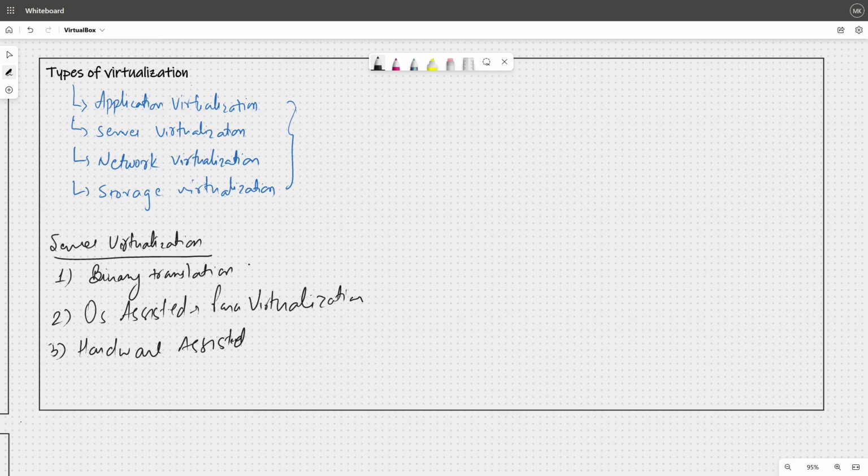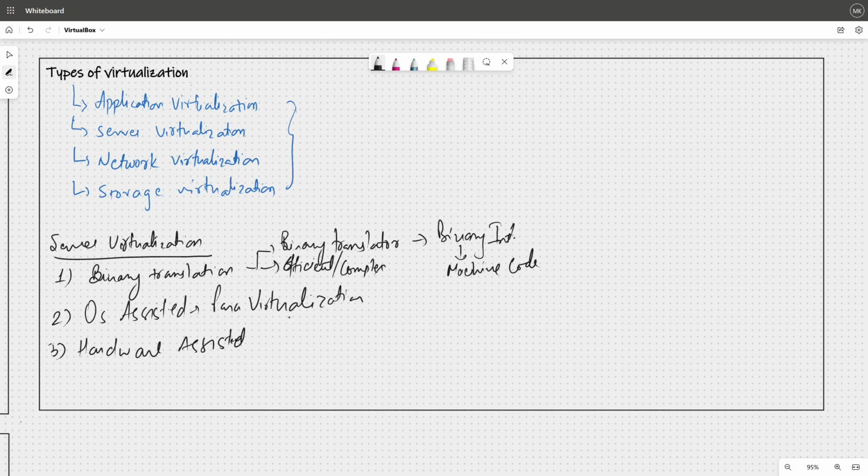So I'll just briefly write it down. It uses a binary translator and converts your binary instructions, which are instructions in the form of 0 and 1, into machine code. It is efficient as it's working at a very low layer, but complex to write.